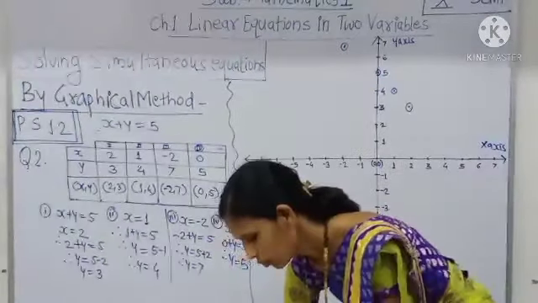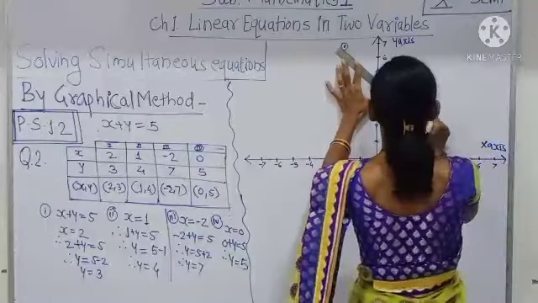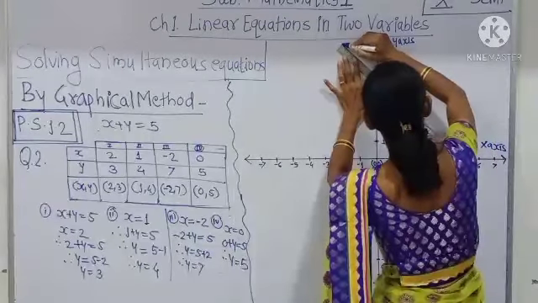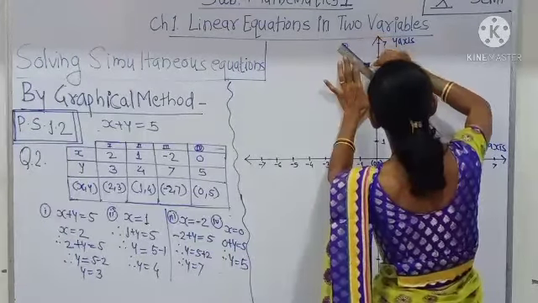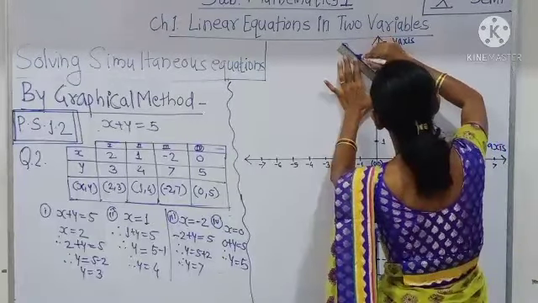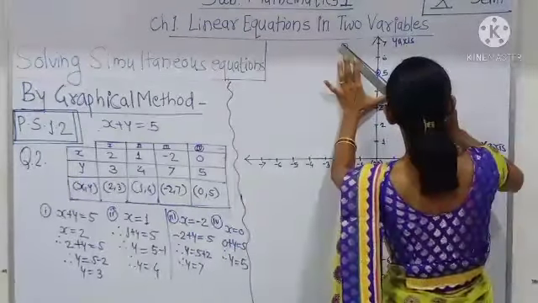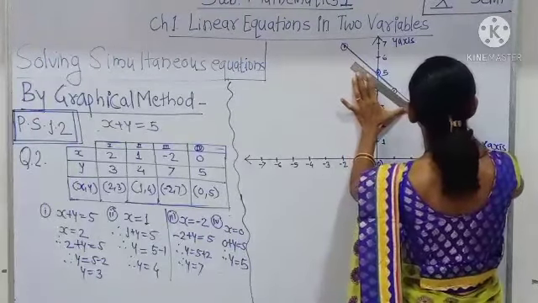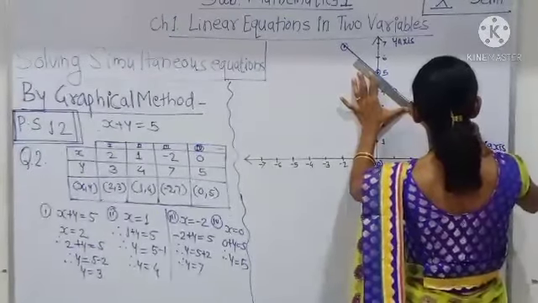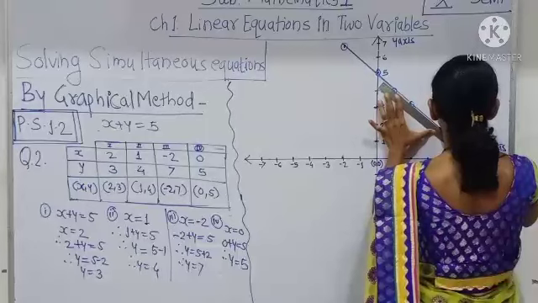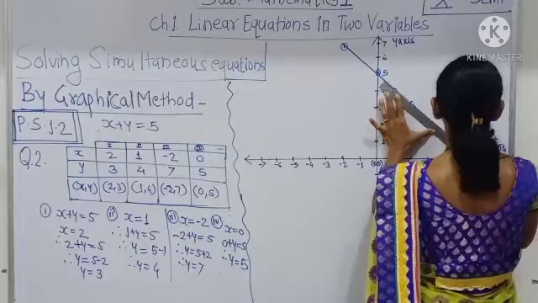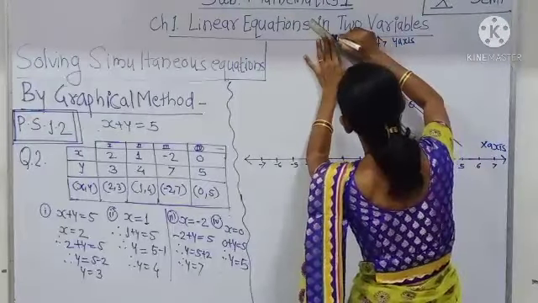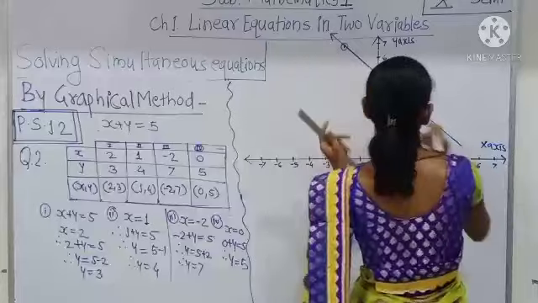If these 4 points are joined by a line, then these 4 points should be on the same line, that is, the line should be passing through these 4 points, and the line which is obtained is the graph of the given linear equation in 2 variables.